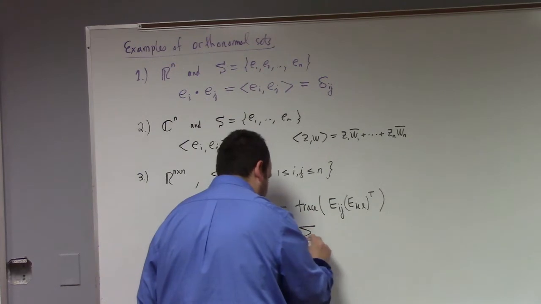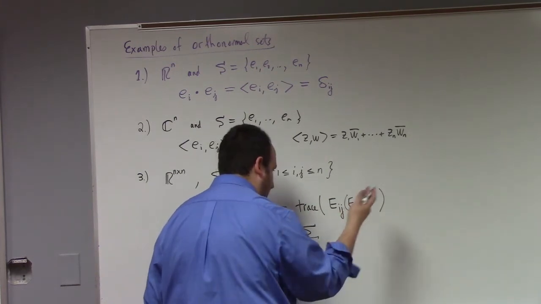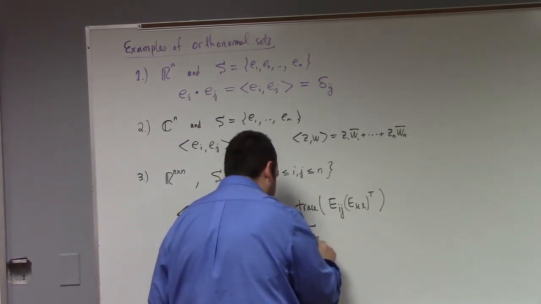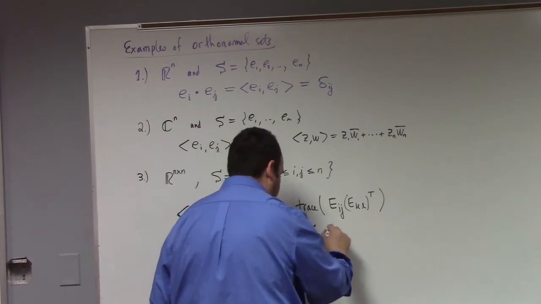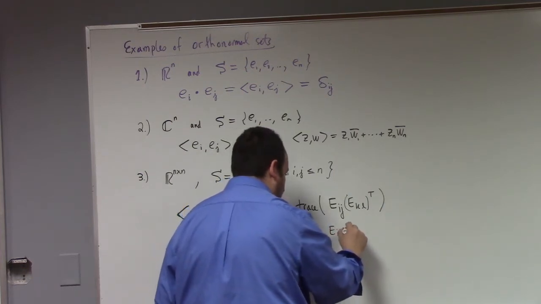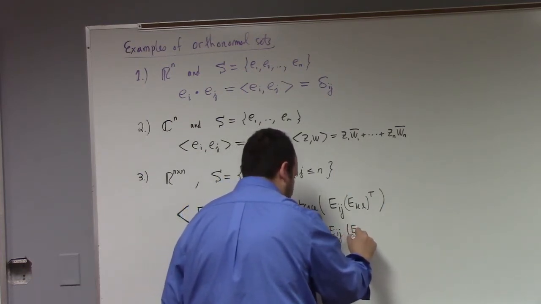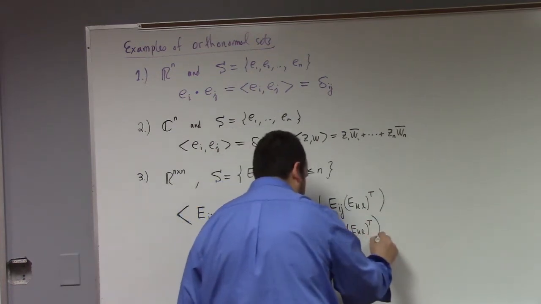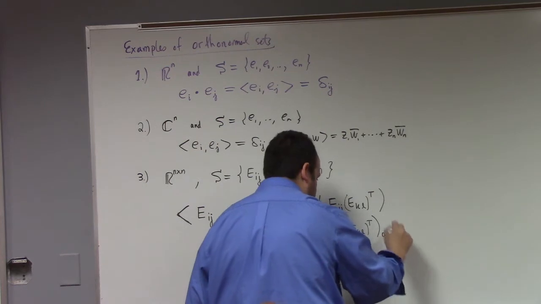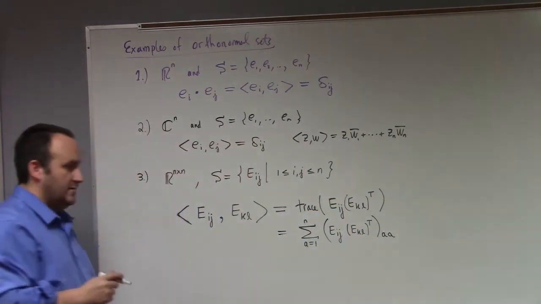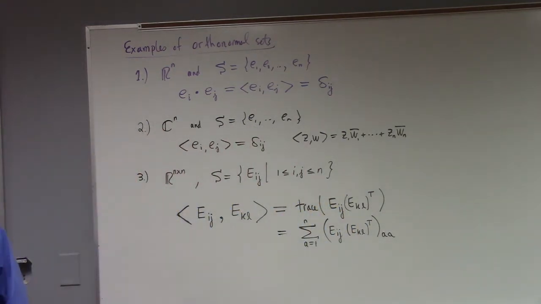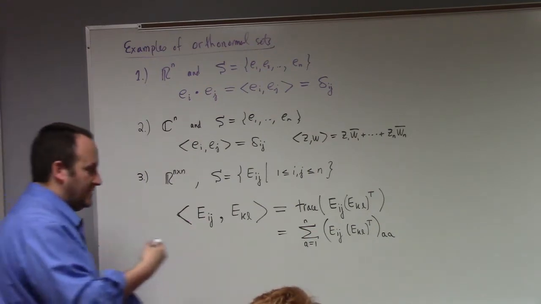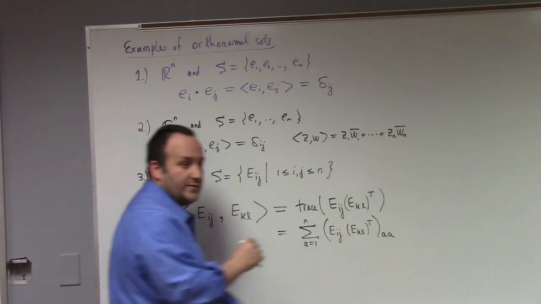That's going to be the sum, let's say I need another letter, a equals 1 to n, of the aa component of Eij times Ekl transpose. That's the trace. We do the 1,1 plus the 2,2 plus the 3,3 plus the 4,4 plus the 5,5, and so forth. So what have I done?